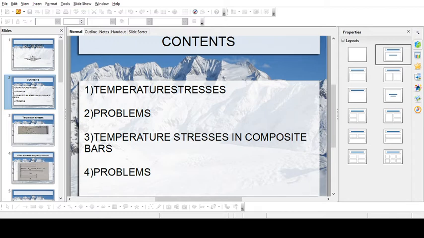It is a printing mistake as 20 into 10 to the power of 5; it is simply 2 into 10 to the power of 5. On calculating everything, you will get a value of 192 Newton per mm square. So this is the stress induced when the ends do not yield.